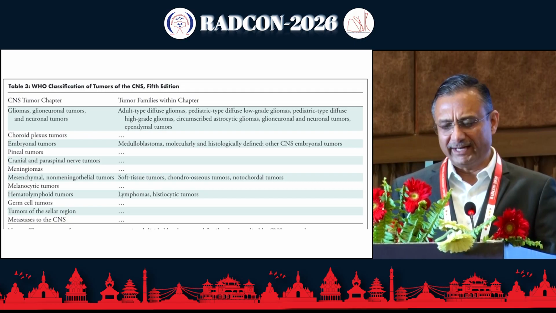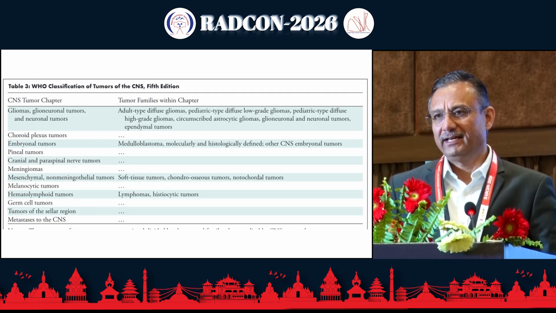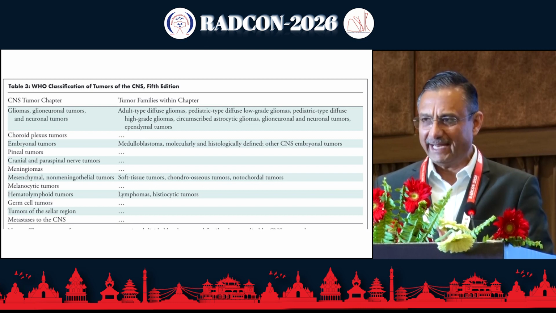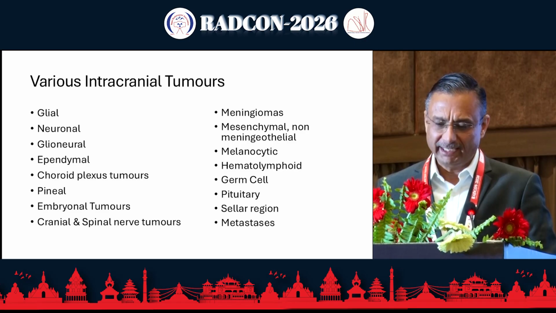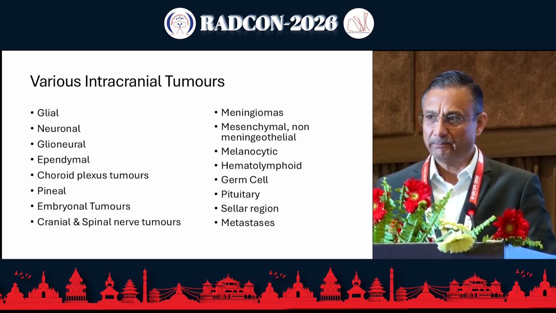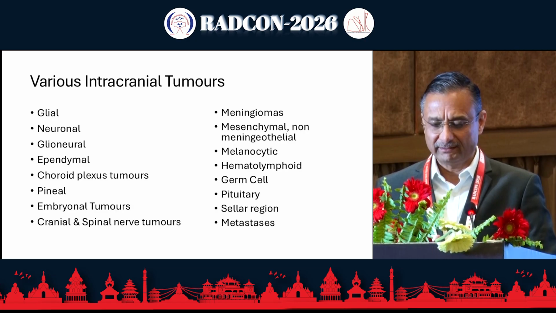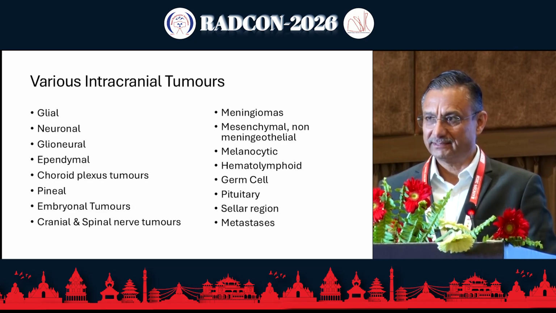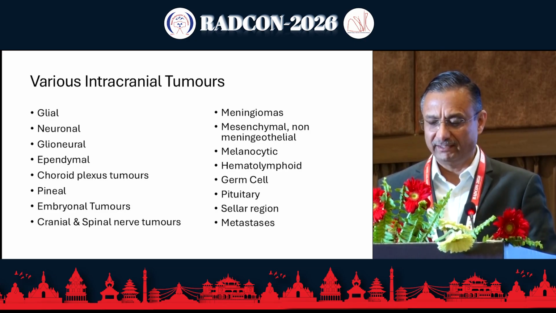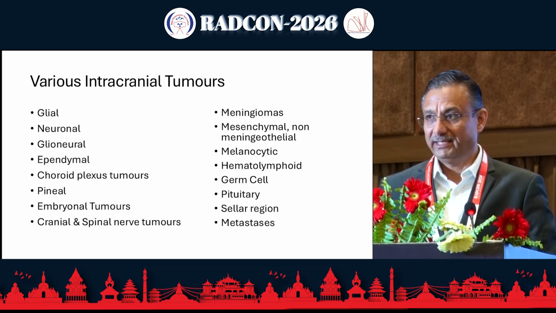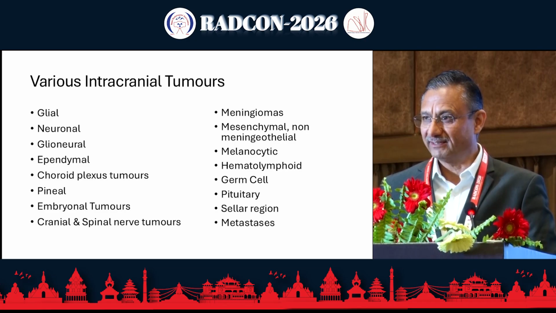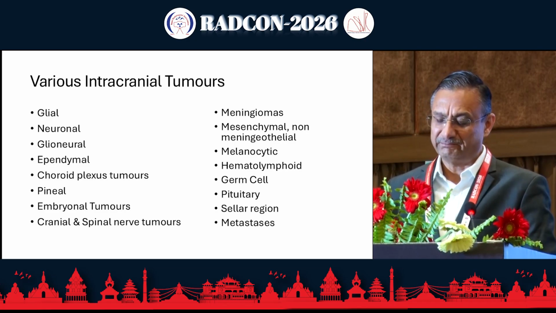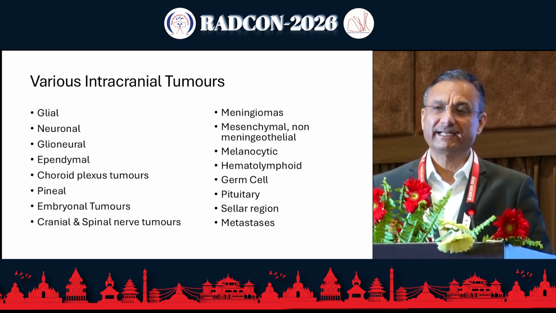There is a wide variety of tumors, and if I may write it in a simple black and white slide, they could be glial, neuronal, glioneuronal, ependymal, choroid plexus, pineal, embryonal, cranial and spinal nerves, meningiomas, the mesenchymal non-meningothelial, melanocytic, hematolymphoid, germ cell, pituitary, the sellar and paraselllar region, and not to forget the metastasis.